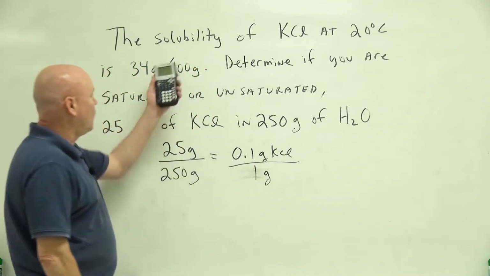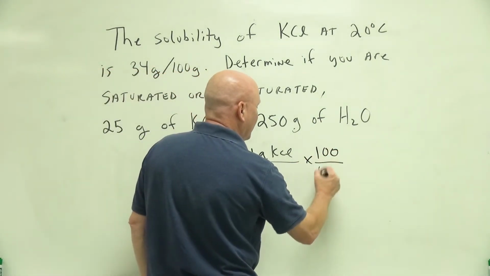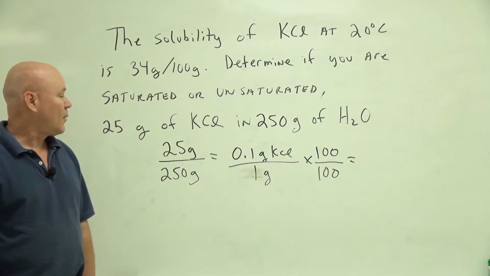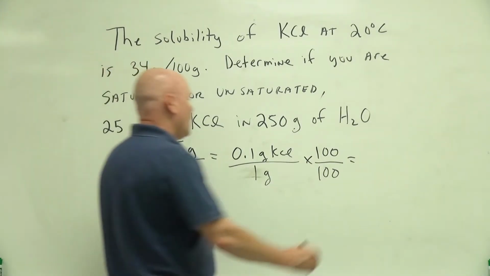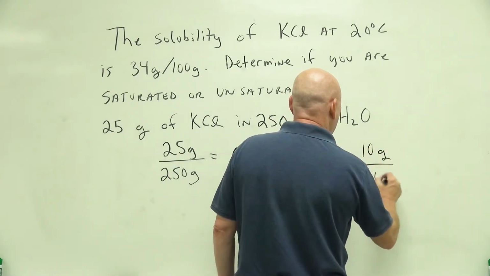Now, how do we get it to 100? Well, if we multiply the top and the bottom by 100, and you have to do both, that will give me the grams per 100 grams, which in this case would be 10 grams per 100 grams.